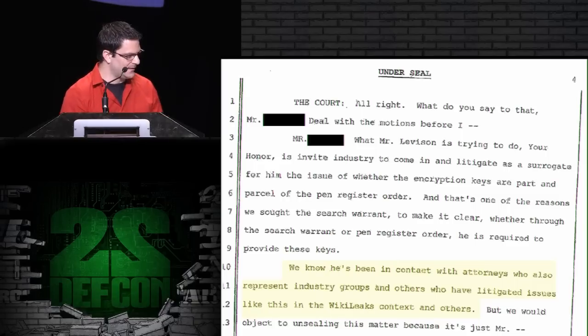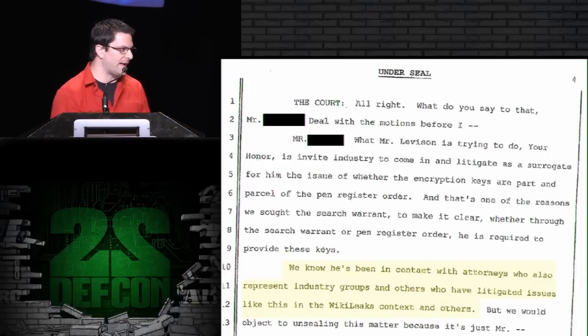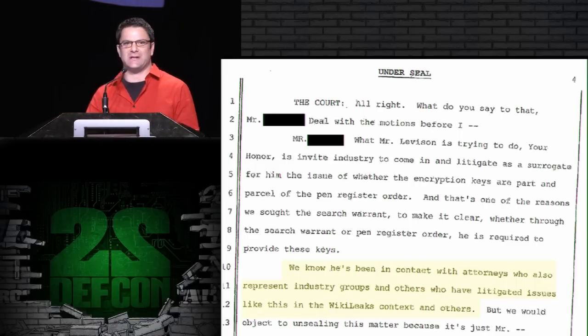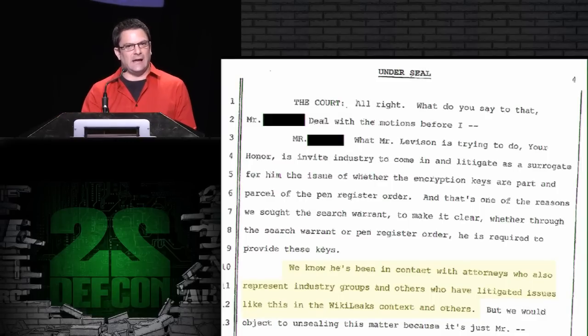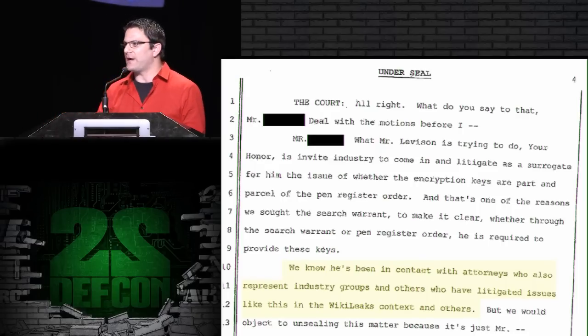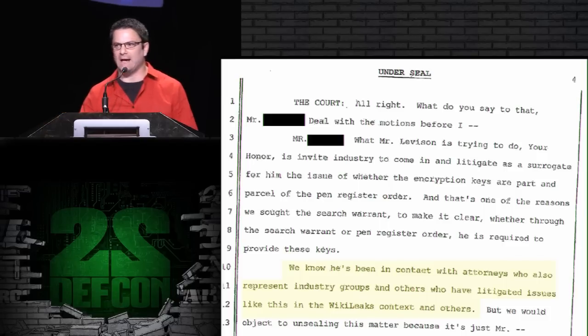Now, I was a little taken aback by that because, one, how did they know that? I didn't know that. I'd spoken to maybe a dozen attorneys trying to find somebody who could represent me in the 4 days that I had to find one. But then as I thought about it more, I started wondering, well, how did they even know that in the first place? What happened to attorney-client privilege? How bad has it really gotten?